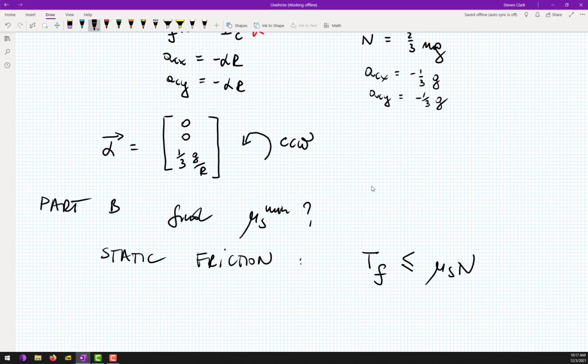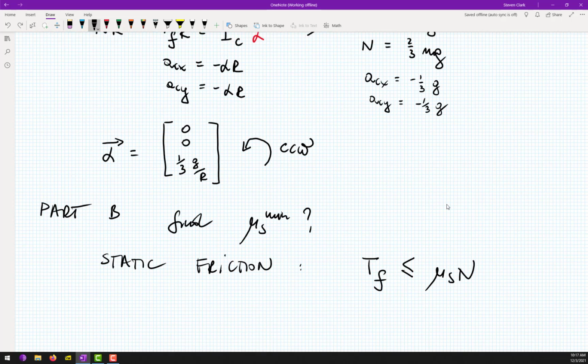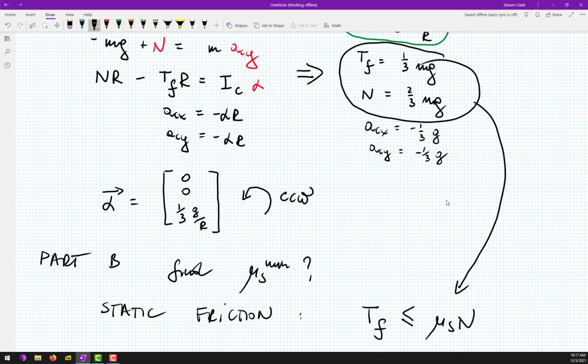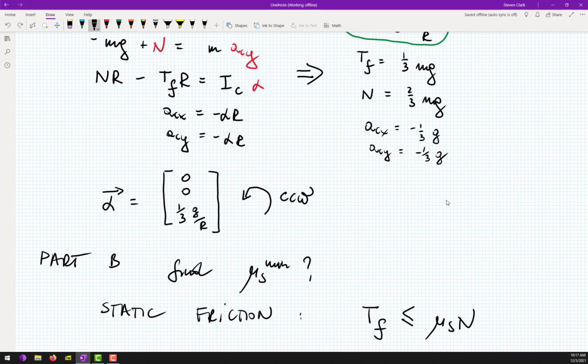This is our inequality that rules this range. So my tactic yesterday was to take these findings and plug them in here, because we found Tf and n in part A. So let's just plug them into this expression from part B.